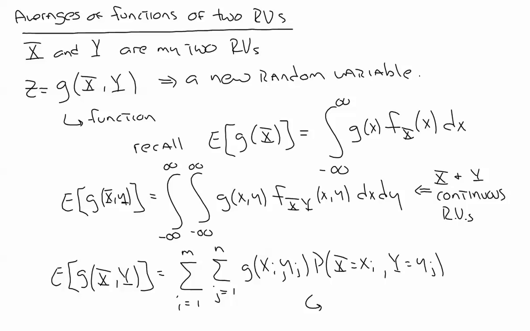This is if x and y are discrete. Okay? That's how that looks. So that's how you find the average or the mean value of a function of joint random variables. The relationship that we will use more often than not for our work this semester is that one right there. All right? Let's look at a special case. A couple of special cases, actually.